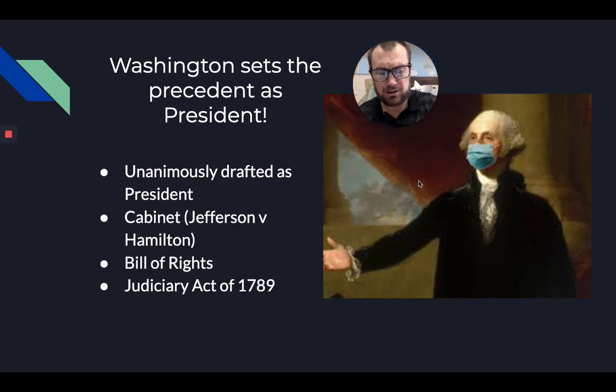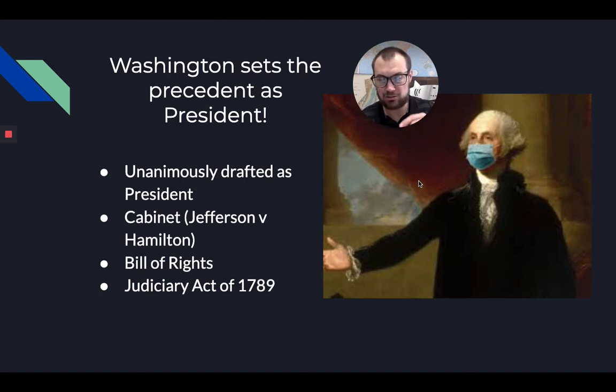With that, today, I looked it up. According to Article 2, Section 2 of the Constitution, the cabinet's role is to advise the president on any subject he may require relating to the duties of each member's respective office. Today, President Donald J. Trump's cabinet includes Vice President Mike Pence and the heads of 15 executive departments: agriculture, commerce, defense, education, energy, health and human services, homeland security, housing and urban development, interior, labor, state, transportation, treasury, and veterans affairs, and the attorney general.